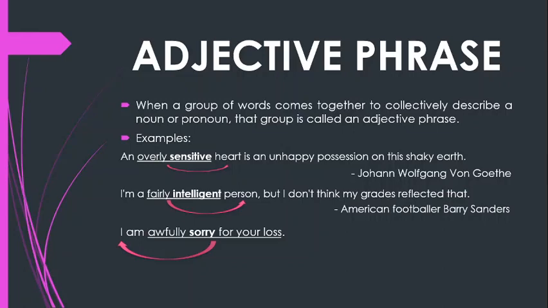Remove the adjective and "overly," "fairly," "awfully," "for your loss" lose all their significance, all their meaning. So these words are the dependents of the main adjectives. So these adjectives are the head words.